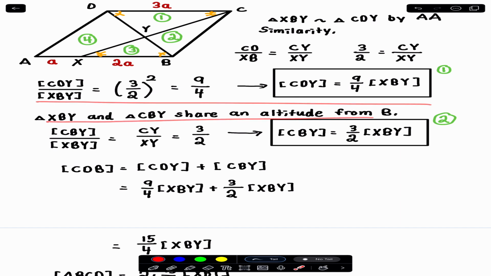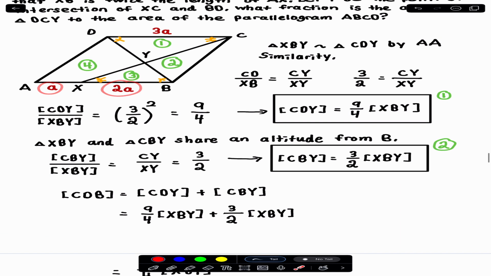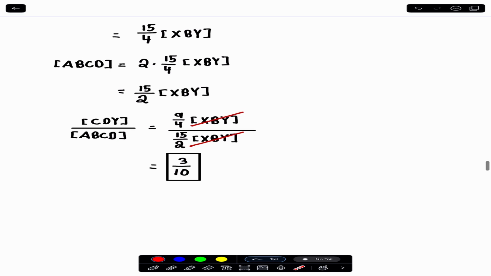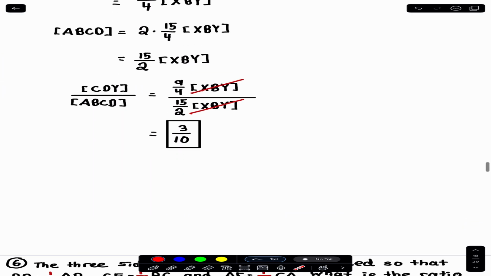We're using the same altitudes. We are doing good problem solving habits of labeling things. And then, of course, this last concept where we don't have to actually find individual areas. We can just find the ratio, because all we care about is how they are related to each other. And that's how we get a final answer of 3/10.